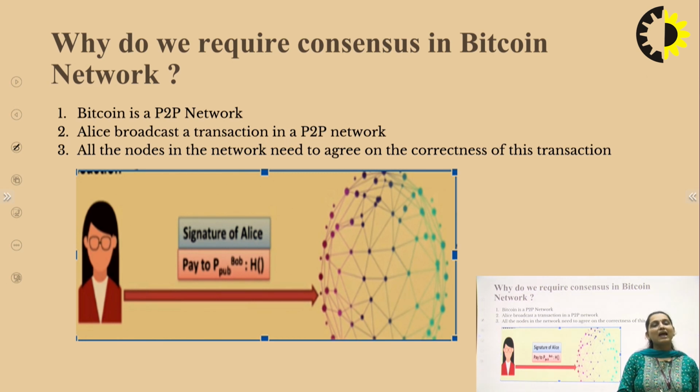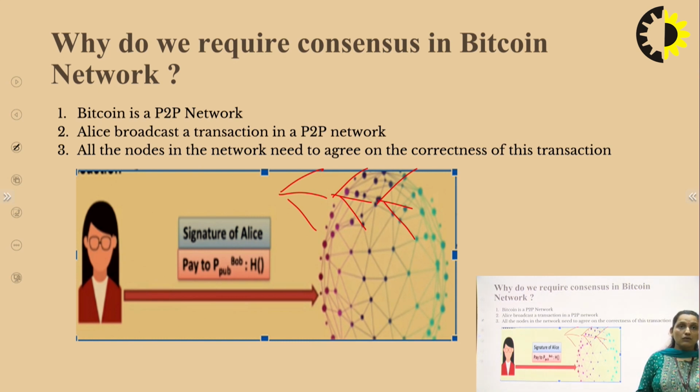Because in a peer-to-peer network, for example, Alice broadcasts a transaction to the network. She does it to neighboring nodes, then those nodes do it for their neighboring nodes, and so on. This broadcasting is flooding of the message. All the nodes in the network need to agree on the correctness of this transaction.